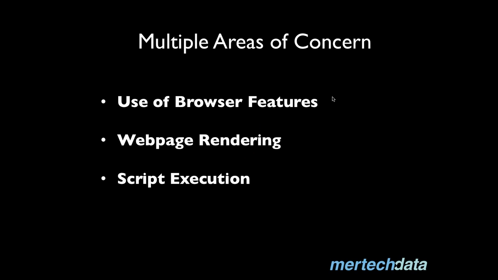So to get started today, we basically have three main areas that we're going to look at that deal with this cross-browser issue. That's the use of browser features, the various different things that are supported by way of elements in HTML and also JavaScript and CSS features; then the way web pages actually render on different browsers; and then the way JavaScript executes on different browsers.